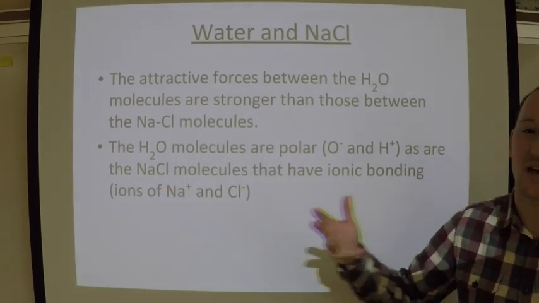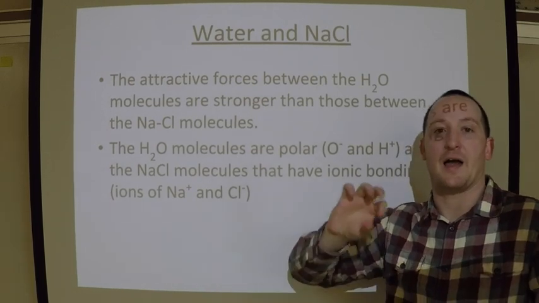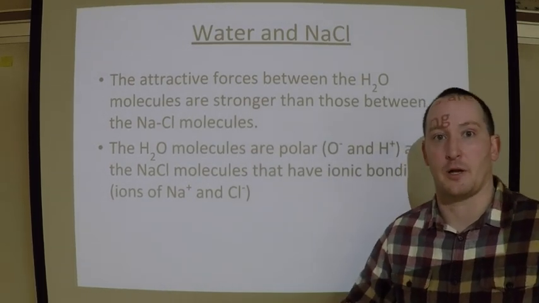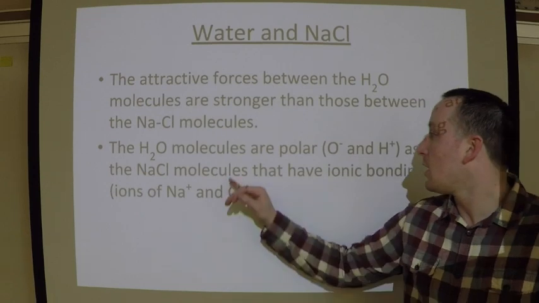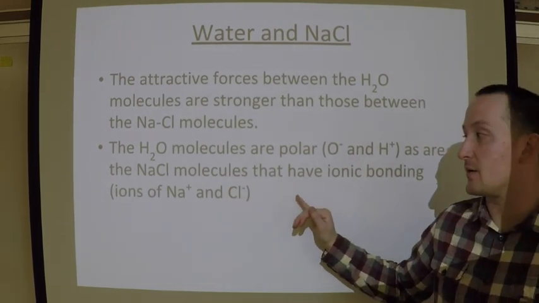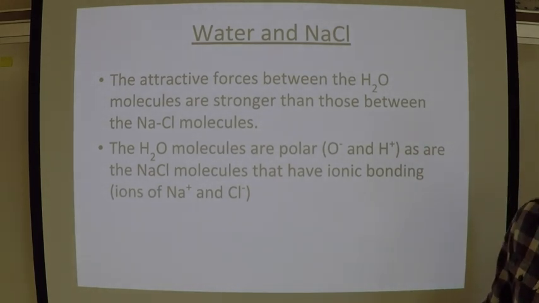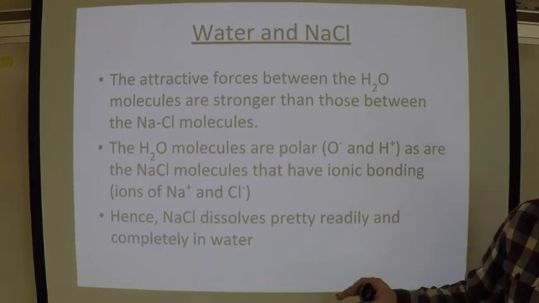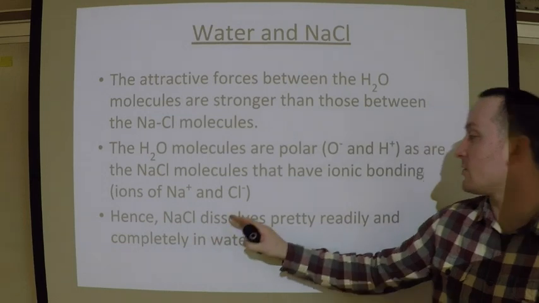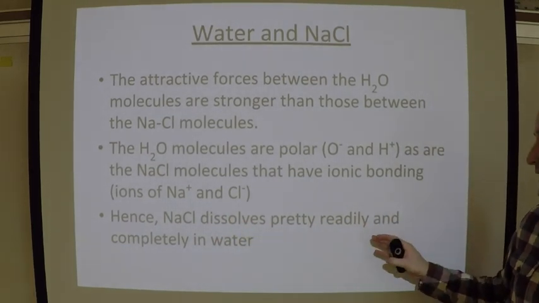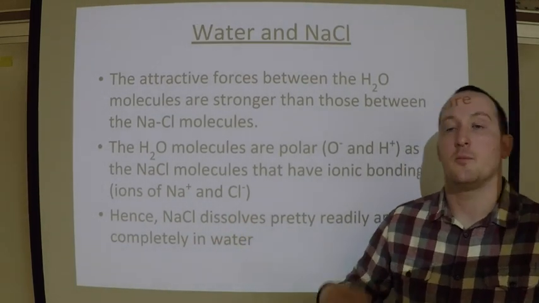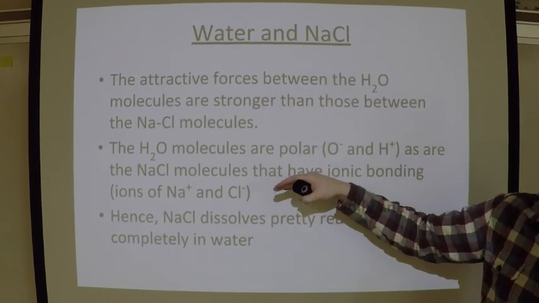Now you might say, well, they're technically ionic, but ionic is like an extreme type of polarity. So they have ionic bonding, and that's why they have these Na plus and Cl minus ions. So hence, NaCl dissolves pretty readily and completely in water because of these things.